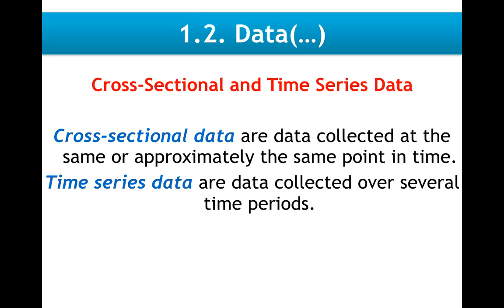Please remember the difference between the two. Cross-sectional data have been collected, gathered, at the same or approximately the same point in time. It's an important concept. Whereas time series data are data collected over several time periods, right?